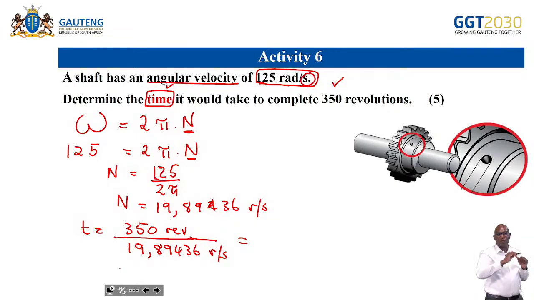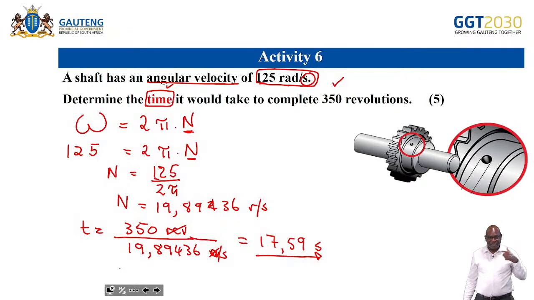There's no way that they talk about anything that we need to change like minutes. Here you can see the revs will cancel out, so I'm left with 1 over s, which is the same as s there. So now I'm going to have 350 divided by 19.89, and that will take 17.59 seconds. So in other words, this thing is too fast. It will complete 350 revolutions in 17.59 seconds.